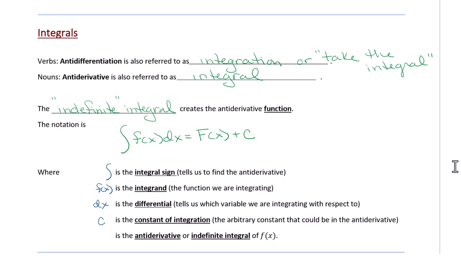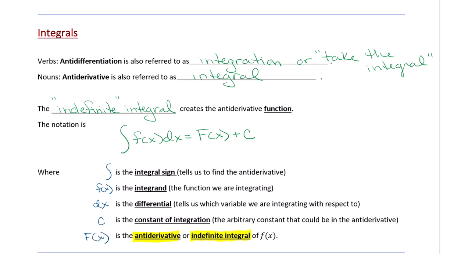That c is the constant of integration, that arbitrary constant that could be in the antiderivative because the derivative would be 0. And the capital F of x, that is the antiderivative or indefinite integral of f of x. So there's the key piece there. That antiderivative function is also called the indefinite integral.